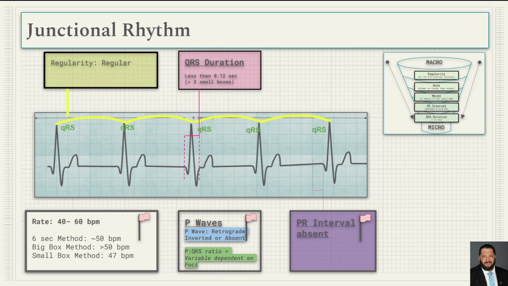Each R to R interval is consistent across the strip. When we look at the rate, we note that the rate is less than 60. We're approximately 47 to 50 beats per minute, depending on the method that we use, clearly below the 60 intrinsic firing rate for the SA node. So we'll put a flag in that area and come back to it.